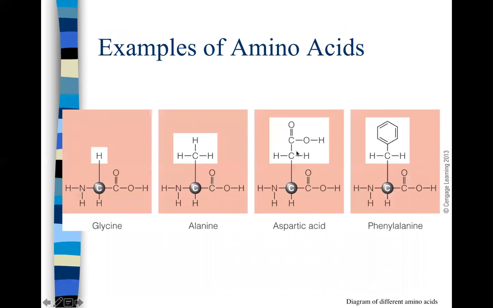So you can see this particular amino acid has an additional acid group in its side chain. And then phenylalanine has a carbon ring, which is a 6-carbon ring. And the structure of each of these amino acids gives them unique properties so that they can form different proteins with different functions in the body.